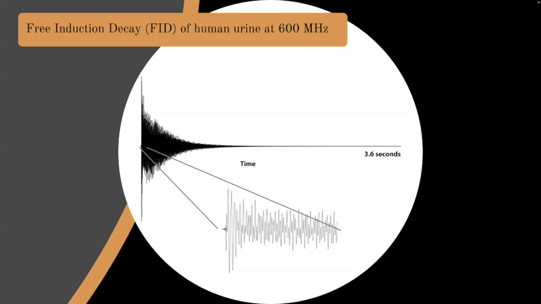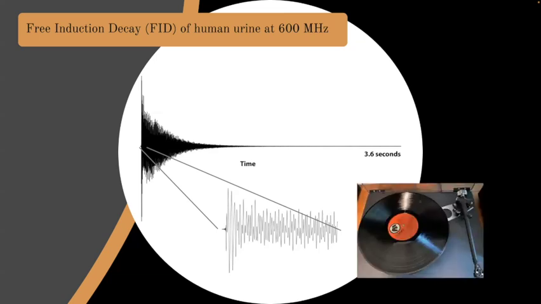It is much more complicated than a simple sample, but the concept itself is pretty familiar to anyone who has listened to a record. And here is a picture of a phonograph, a vinyl record. The record has grooves, which the needle or the cartridge will track along when the record is turning around. And the cartridge tracks the record grooves, much like the signal that we see from this free induction decay.